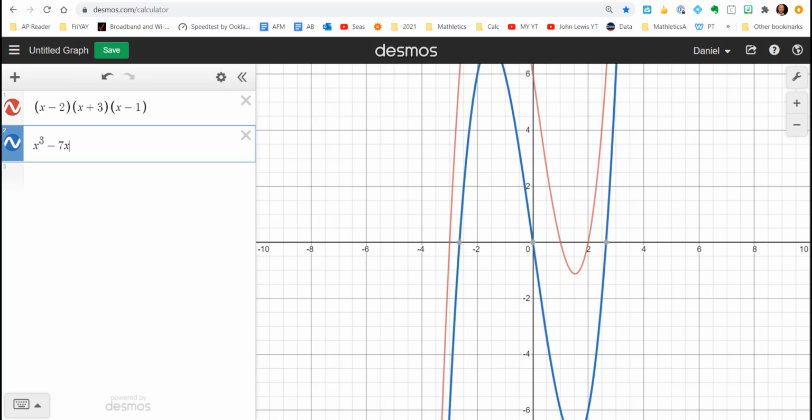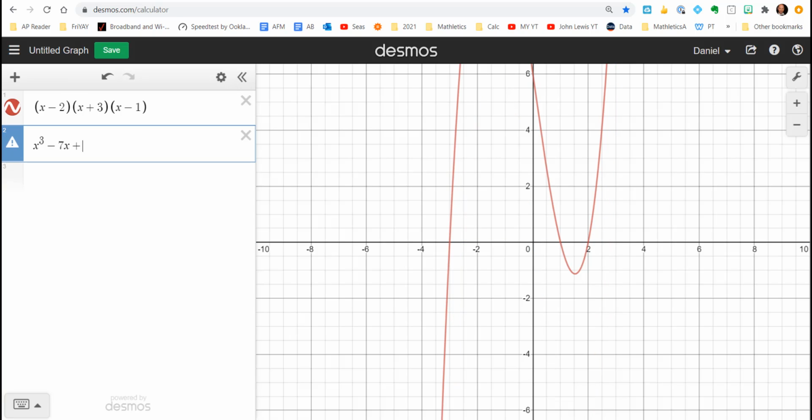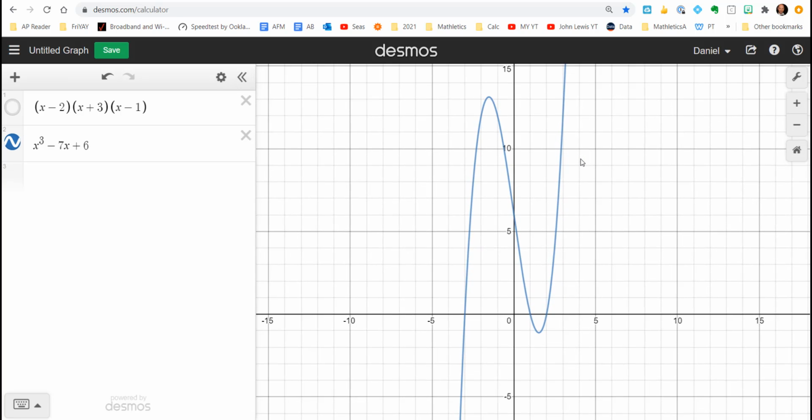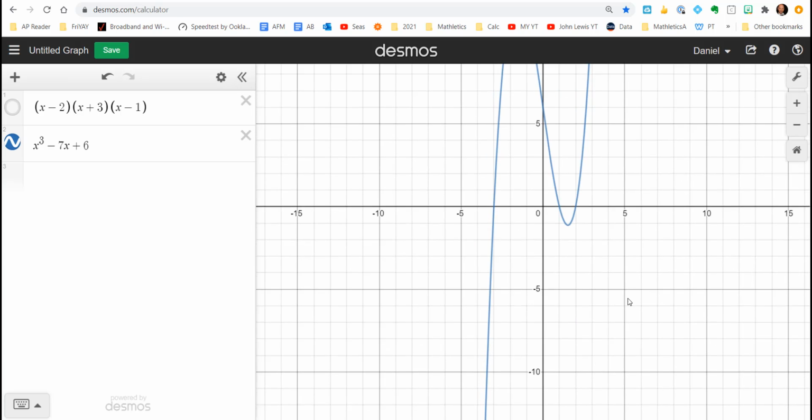And you'll notice they line up right on top of one another. If I were to turn off the other one, you'll see it's just the blue one. Both of these have the same characteristics. They're exactly the same graph.